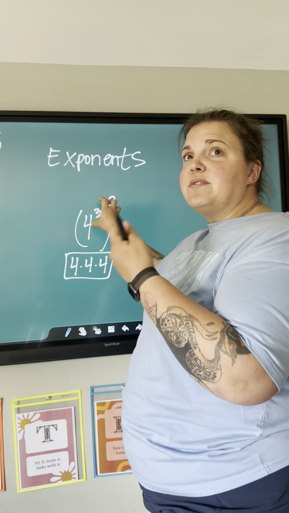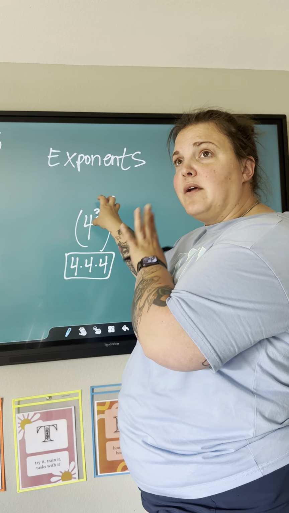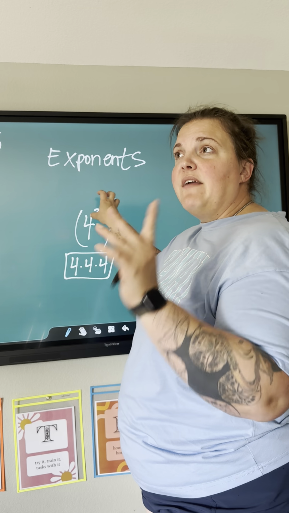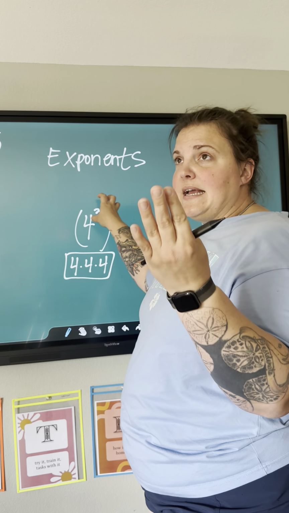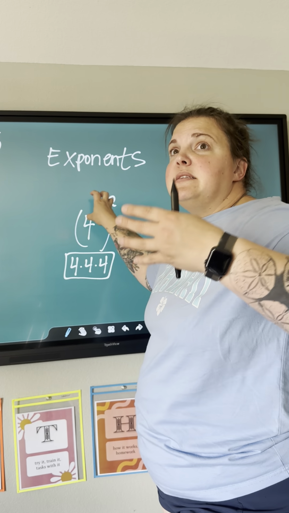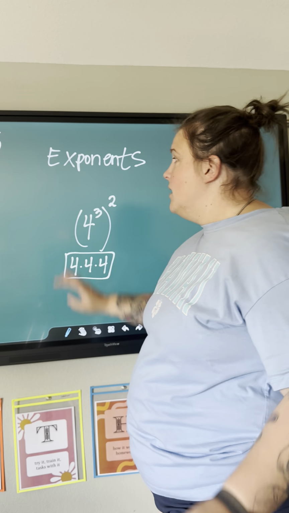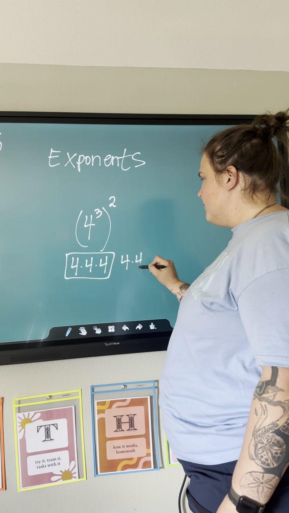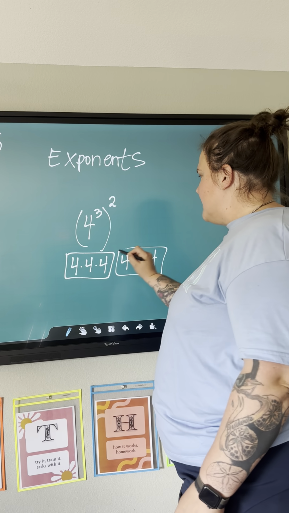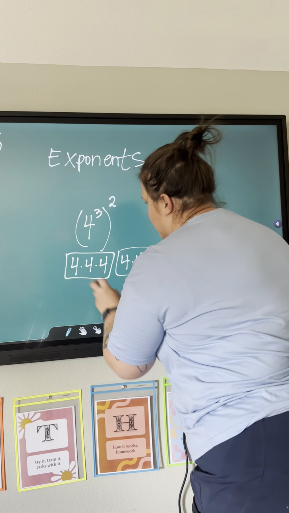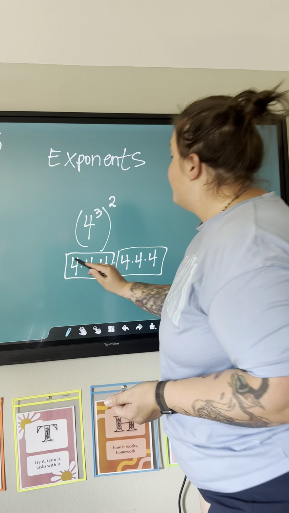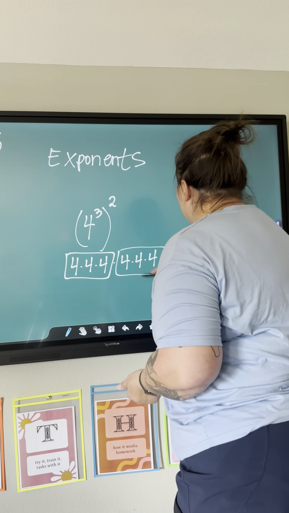So it doesn't matter what the thing is that I'm refusing to look at right now because I don't want to get overwhelmed. It doesn't matter what the thing is that's the base. If you're squaring it, or to the second, it times itself, right? So let's take this times itself. I squared it because this is this thing times itself, which is really 4 times 4 times 4 times 4 times 4 times 4.